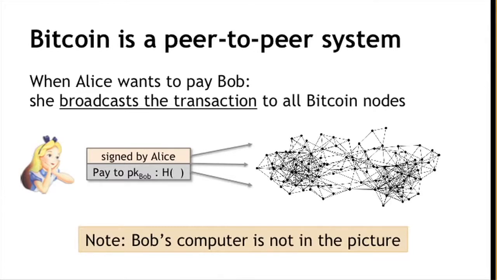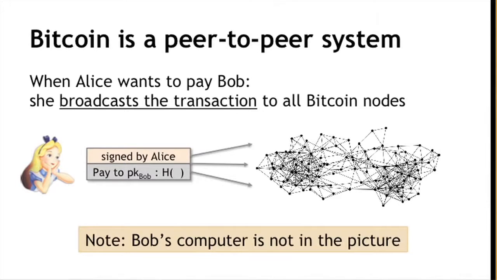Recall this notion of hash pointers that we saw in the first lecture. This hash is a way for Alice to link this transaction or this coin to her receipt of this coin from someone else previously. So those are the things contained in this data structure that we call a transaction, and she's going to broadcast that to all of the Bitcoin peer-to-peer nodes.